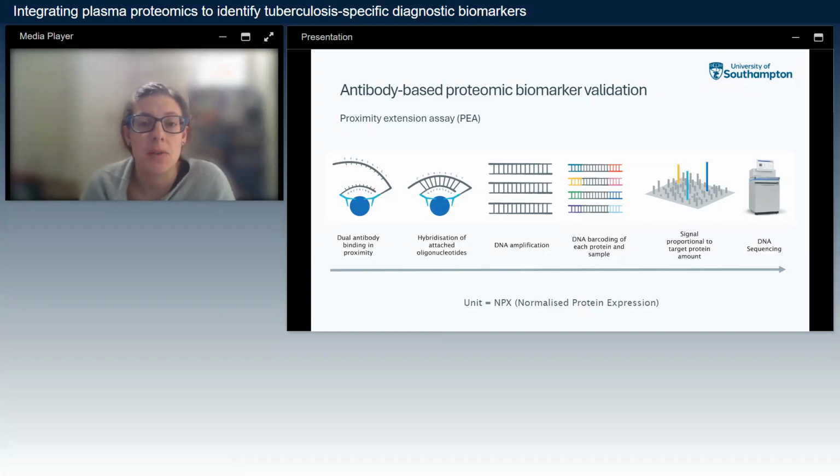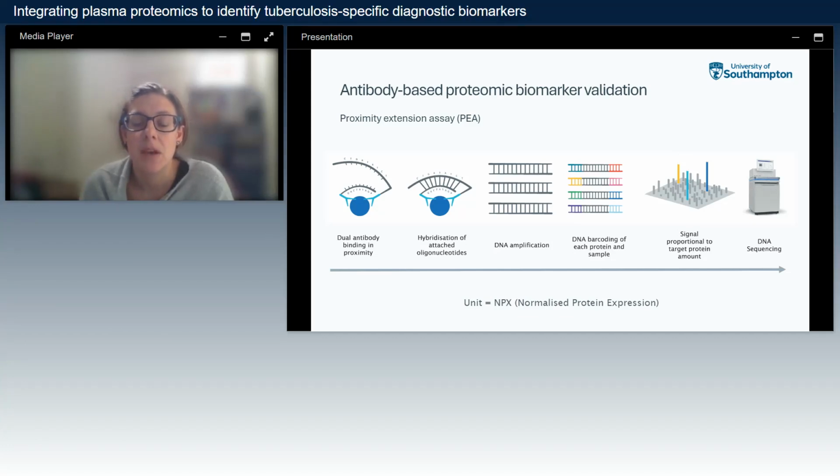And this relies on dual antibody binding in close proximity of the protein. And these antibodies are oligonucleotide tagged, so that when they bind in close proximity they will hybridize, and that signal can then be amplified up and marked with DNA barcoding of each protein and sample. And then with a sequencing or a PCR readout, you can read out a signal proportional to the target protein amount.